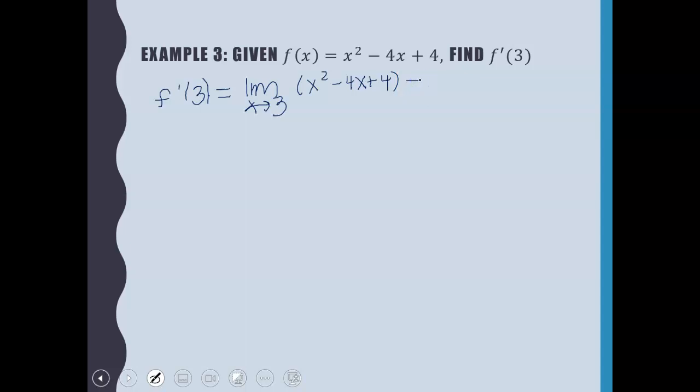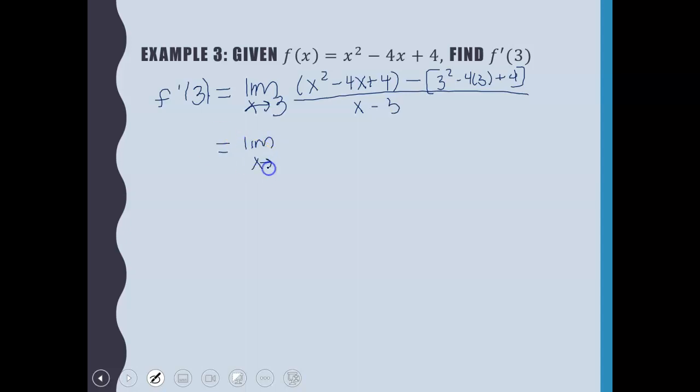Minus f of 3. So this is not minus f prime, it's minus f of 3. So that's 3 squared minus 4 times 3 plus 4. All over, this one's a little different now. It's x minus 3. So this is where you usually have to cancel some stuff and then factor.